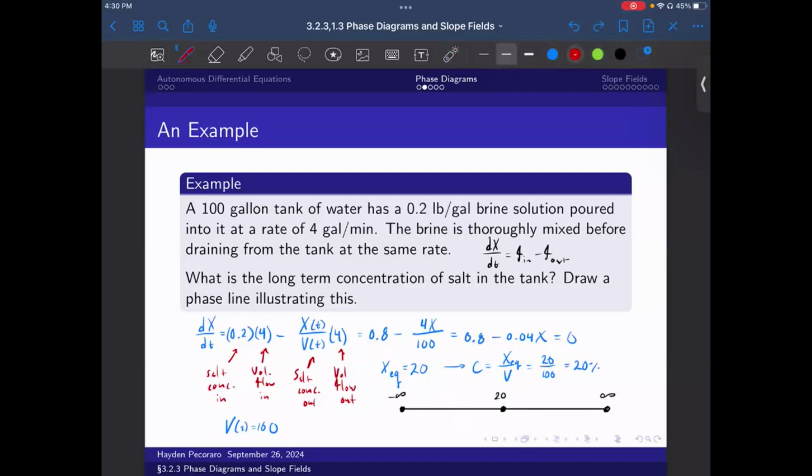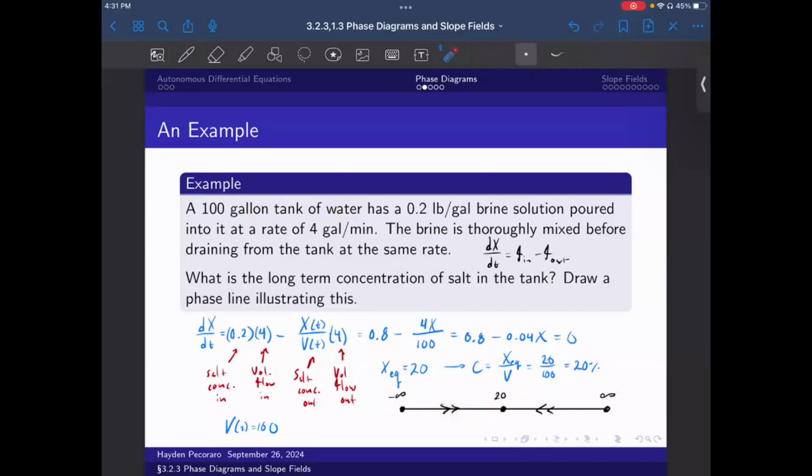So it's positive to the left, which means that we have arrows pointing to the right towards positive infinity, and negative to the right of 20, which means we have arrows pointing to the left towards negative infinity.